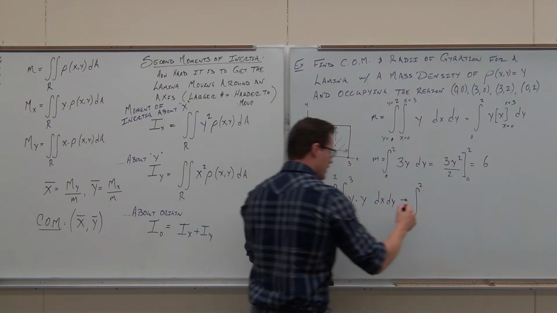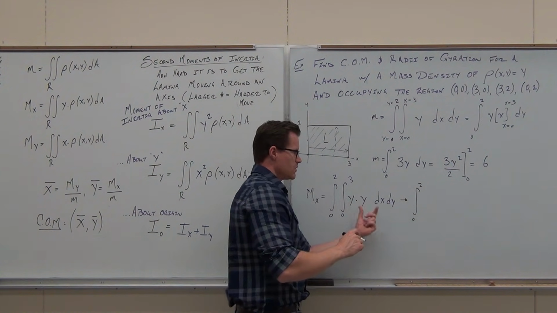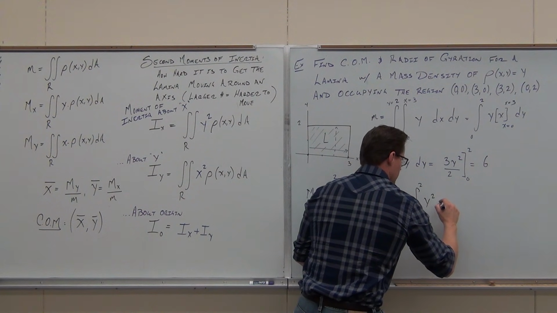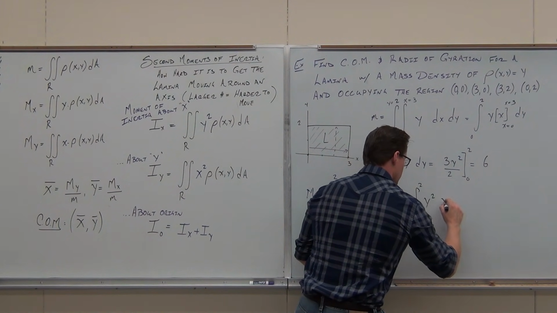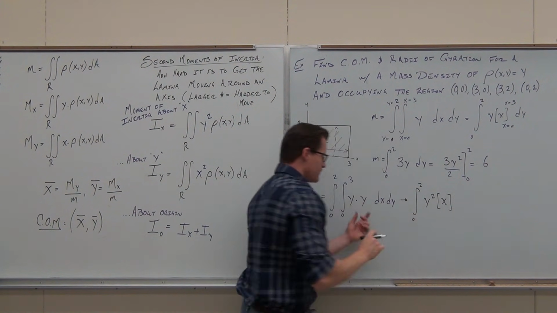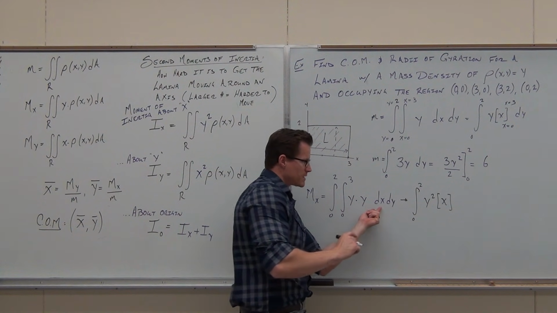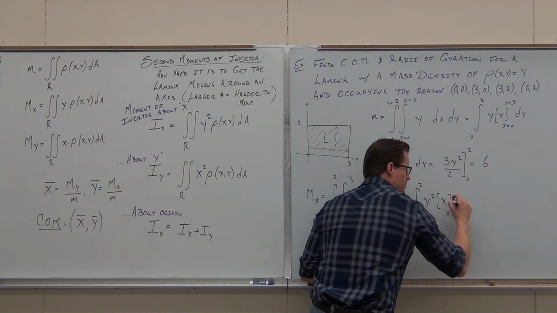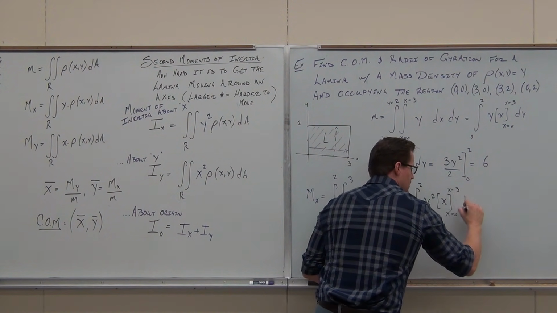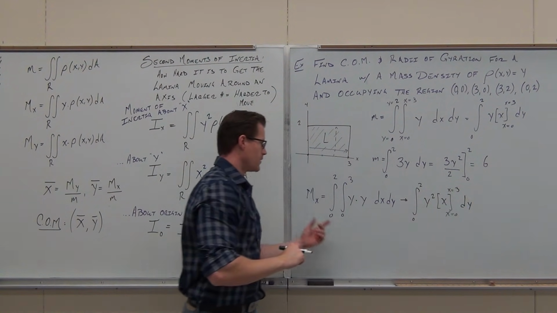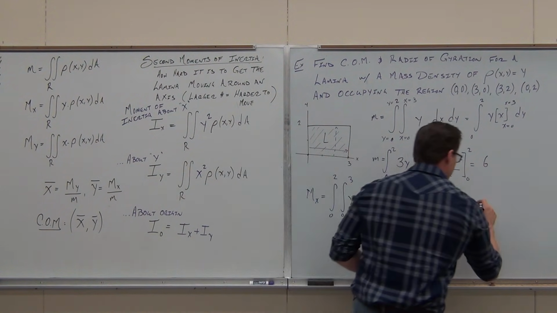Zero to 2 for the y's. We integrate with respect to x. We leave that y squared alone, integrate with respect to x. We let x go from 0 to 3. We don't forget that we're going to have a dy after that.